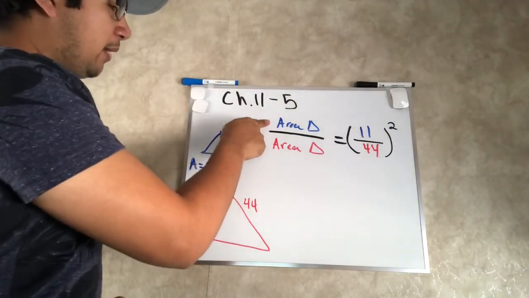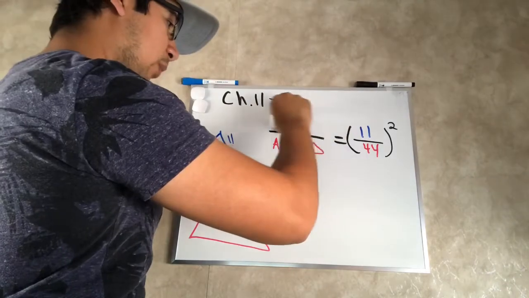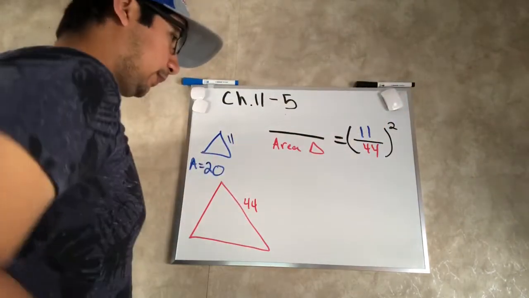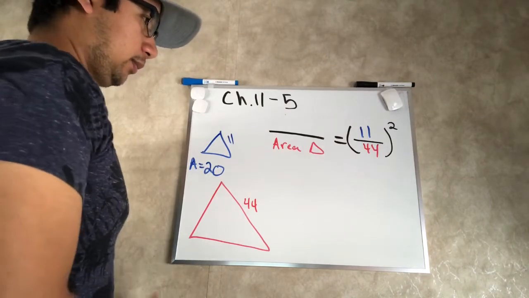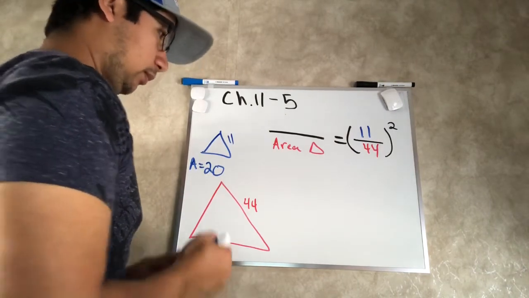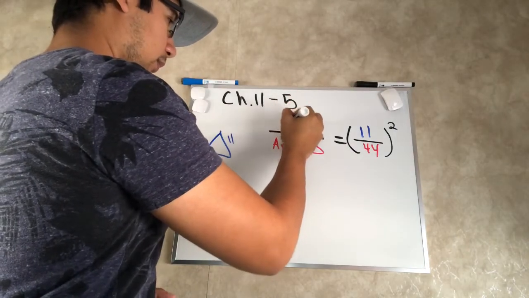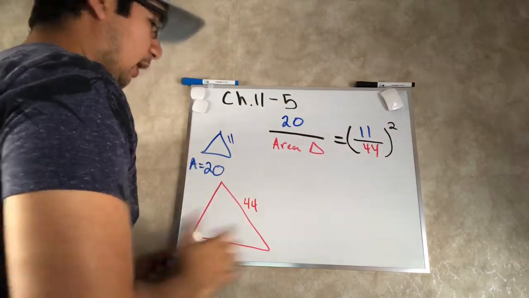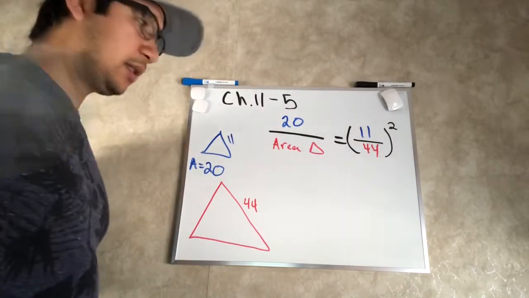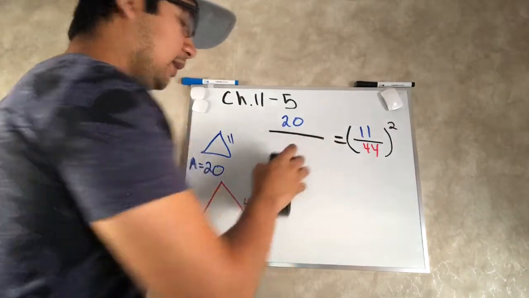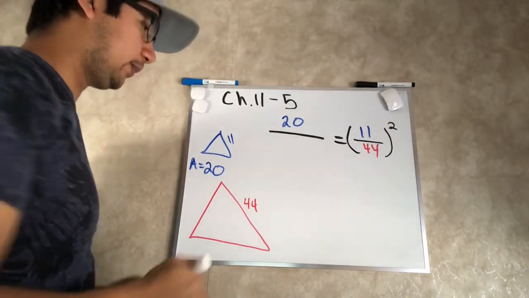They do give us the area of the blue triangle, which is 20, so let's replace this with 20. The area of the red triangle we don't know, and that's what we're trying to figure out, so we're going to call it variable x.